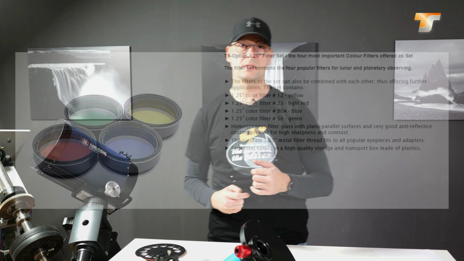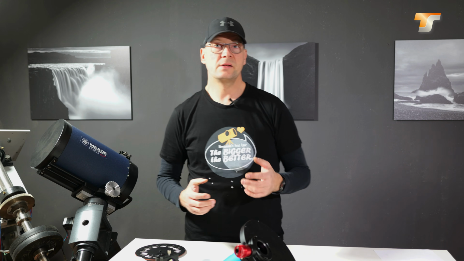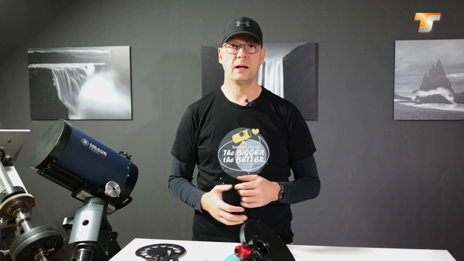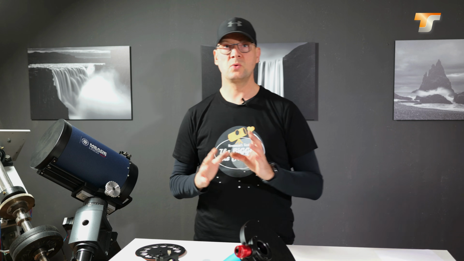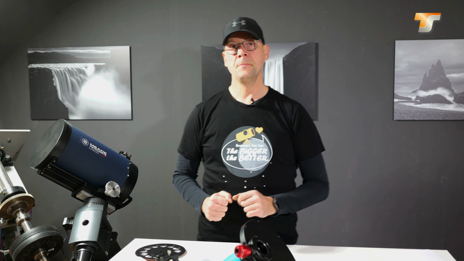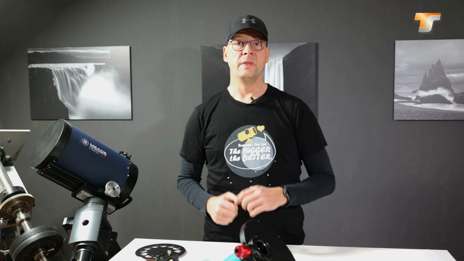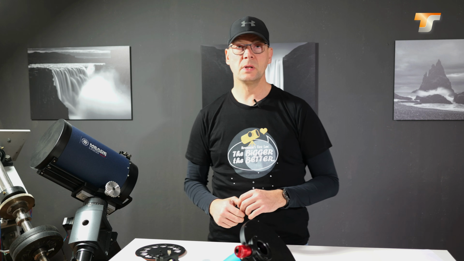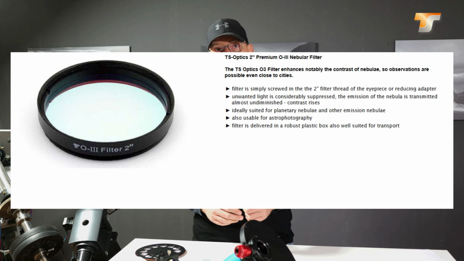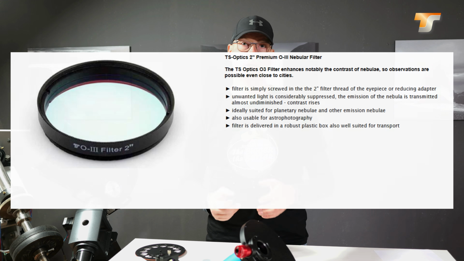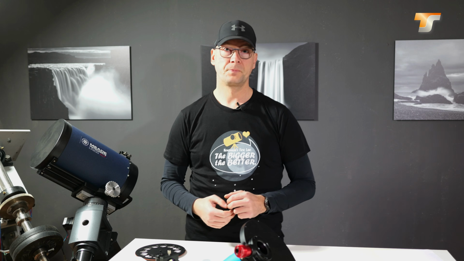For example, a red filter is good for Mars, or a blue filter for Jupiter to see the clouds even better. So there are many different ways to improve visual observing. And also for nebulas, filters are usable. For example, an O3 filter is usable for emission nebulas.